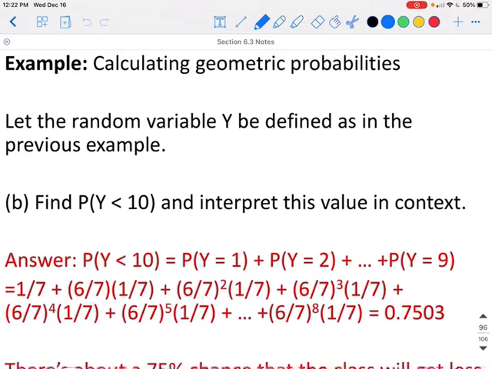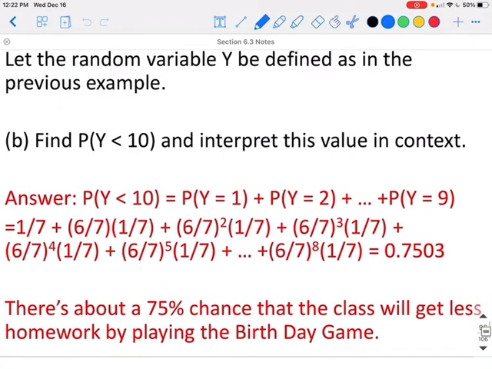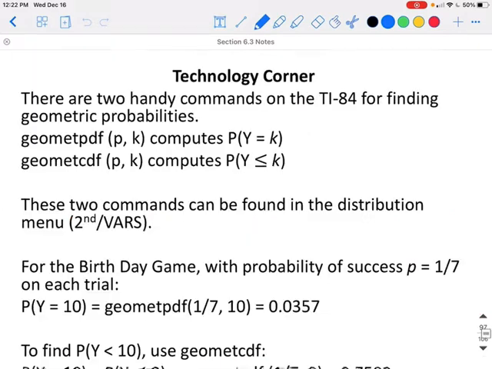The probability there would be 2 problems is 6/7 times 1/7. The probability there would be 3 is 6/7 squared times 1/7, and you continue this all the way up to the 9th trial, and that would give you 75%. So there's about a 75% chance the class will get fewer homework problems by playing the birthday game.